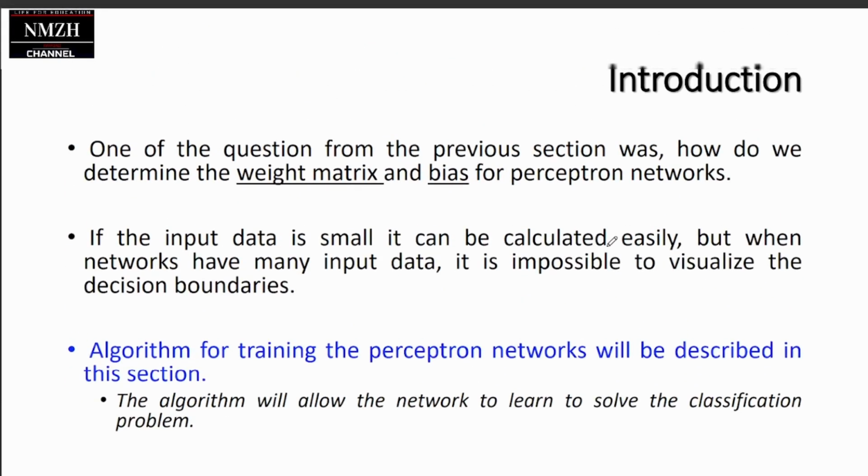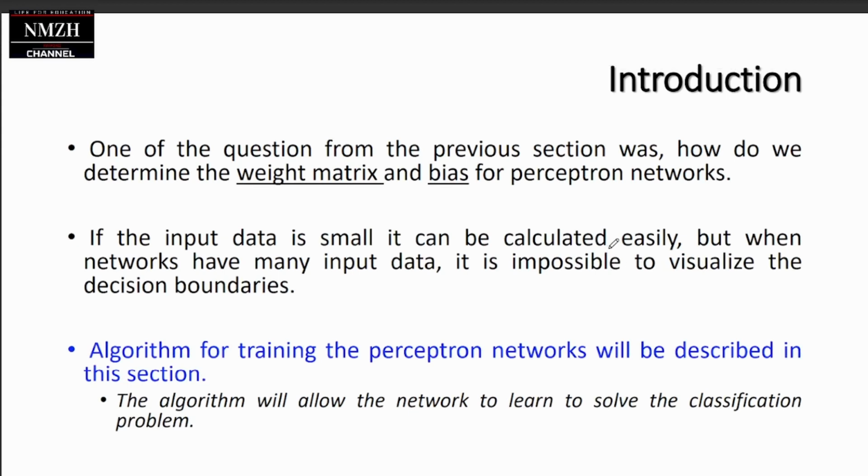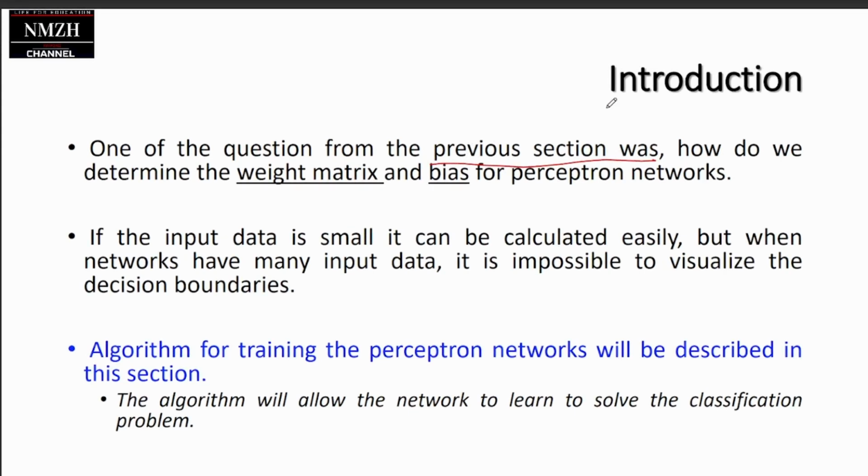To introduce this subtopic, one of the questions from the previous section, where we covered classification before: how do we determine the weight matrix and bias? Remember this one. We have P1 and P2, for example. This one is weight 1 and this one is weight 2.